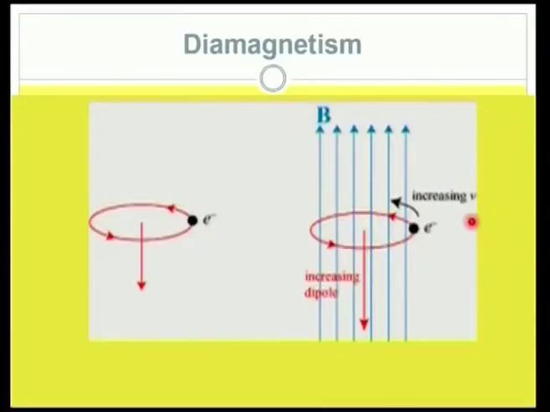As far as these diamagnetic materials are concerned, when it is subjected to external magnetic field, what happens? I hope a kind of visualization will enhance your understanding. So let us take up this case in the diamagnetic system.